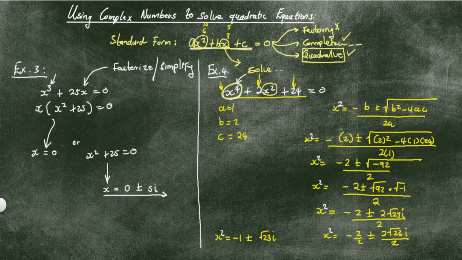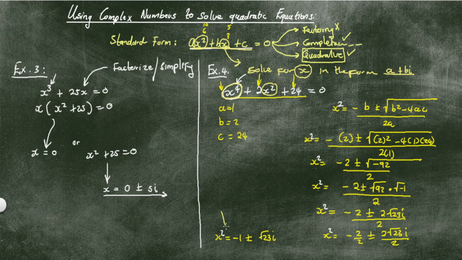But now, maybe I should have given instructions earlier. We are solving for x in the form a plus bi. So you know my answer is going to be a complex number. So the quadratic formula was solving for x squared, but I want us to solve for x.